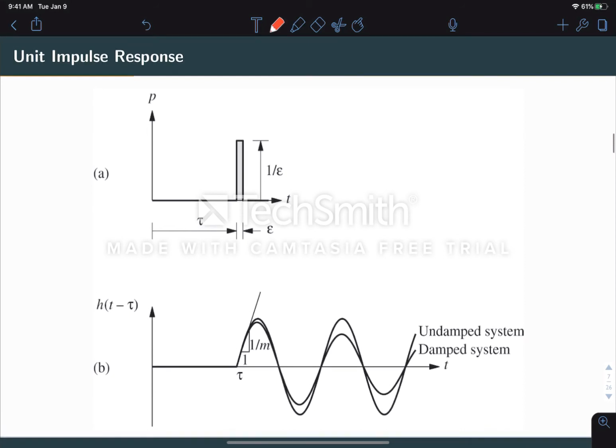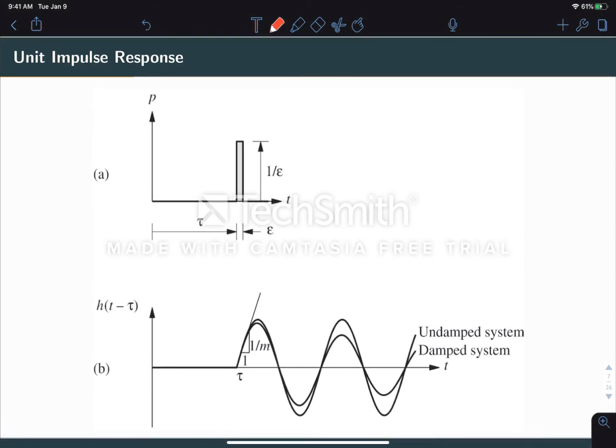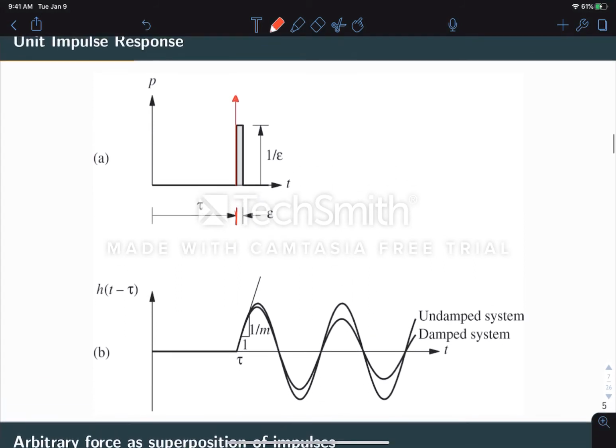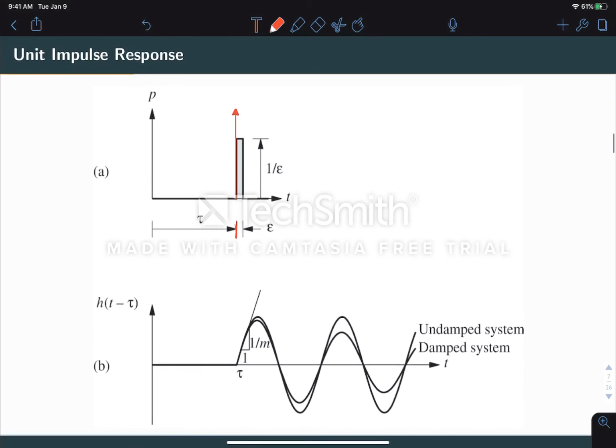So if we've got a force P, which is a unit impulse that occurs at time tau, don't worry so much about the quantity epsilon here. Let's just think about this as an instantaneous pulse delta, and I should shift that delta over to tau to be precise. So this is an instantaneous pulse at tau. Then the impulse response will be equal to what you see here.